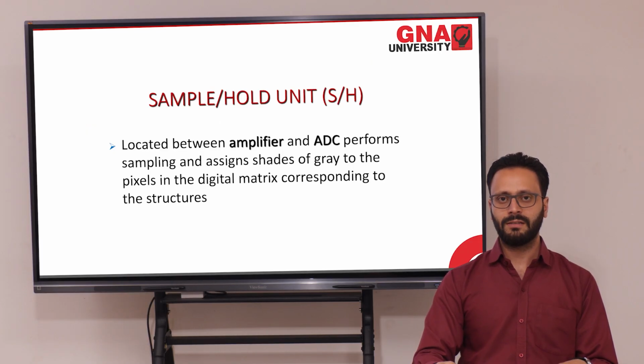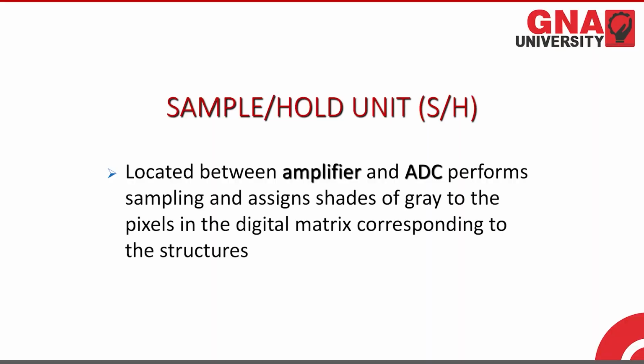The next component is known as sample hold unit. Now about the location, the sample hold unit is located between the amplifier and the device known as ADC, which means analog to digital converter.